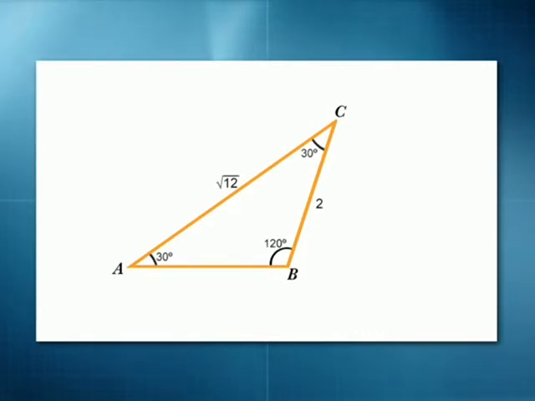Isn't that interesting? The angle at C is the same as the angle at A. We have an isosceles triangle, don't we? Oh, okay, so the side AB, the side opposite angle C, is 2, equal to the other side of 2. And so this is a second triangle that satisfies the original data.